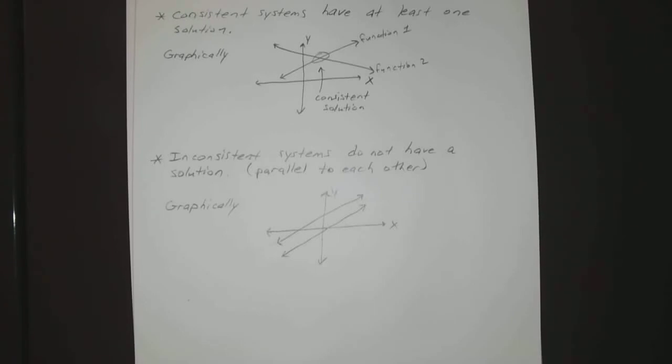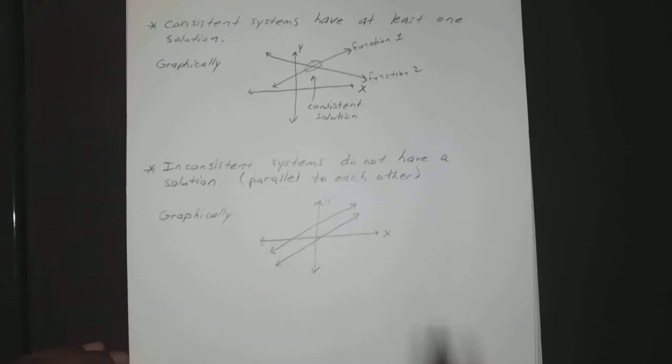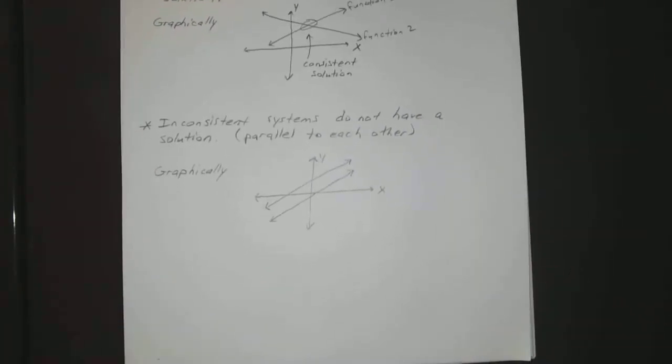Now, dependent systems just overlap each other. That means any solution for one will always be a solution for the other. So it's kind of like stacking them on top of each other. It's the same equation, but every term may be multiplied by 2 or something like that. It's the exact same graph, just a little different as far as how they're calculated.